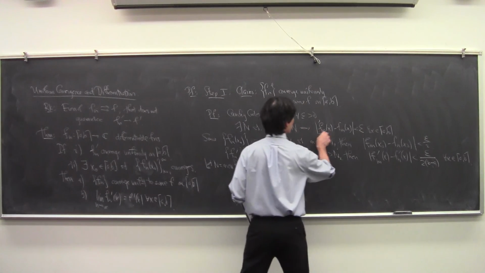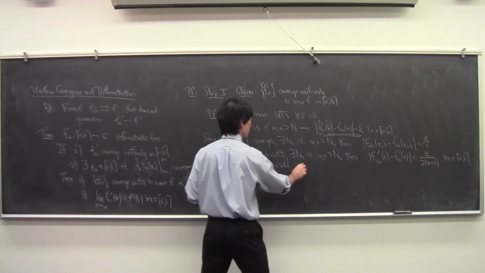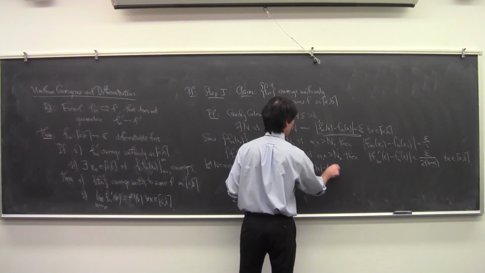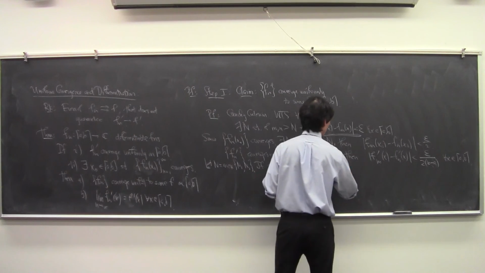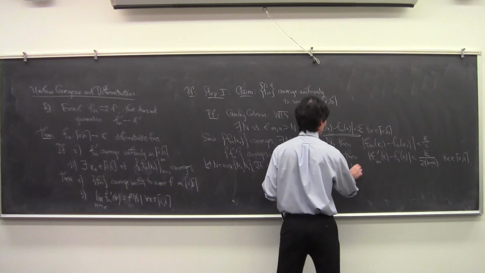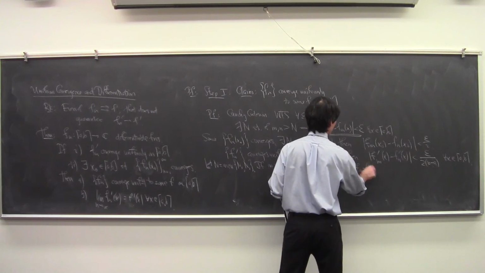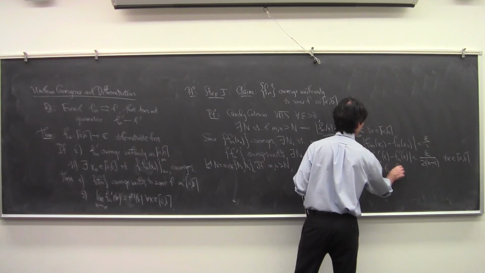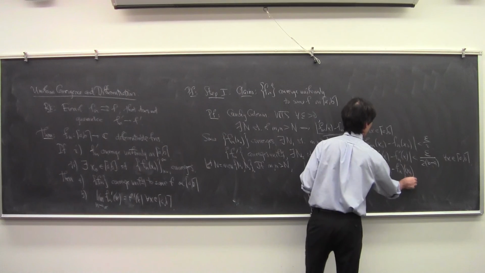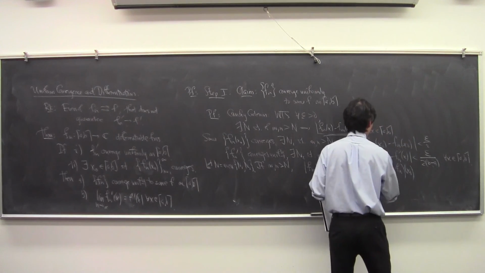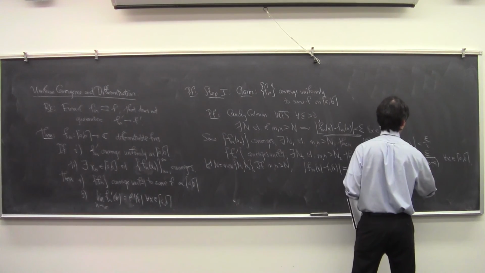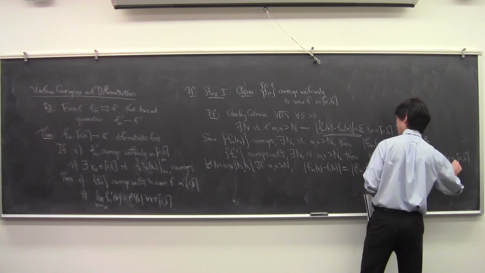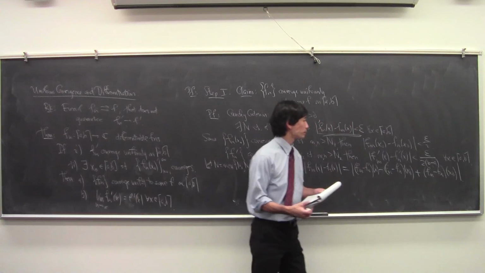And what we see is that the distance between fm and fn at x is the same thing as (fm minus fn)(x) minus (fm minus fn)(x0), plus the same thing back, (fm minus fn)(x0).